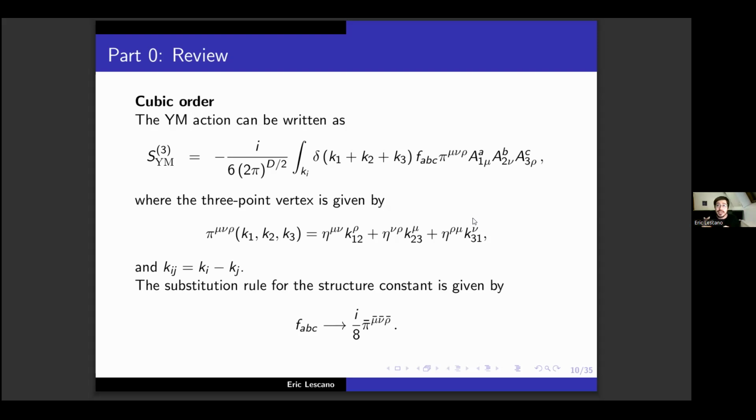So we identify the 3-vertex operator, this pi with 3 indices, and we identify our structure constant with this pi. But in this kind of scenario, we always have a freedom to put some proportional coefficients. In this case, for example, this structure constant has i/8.